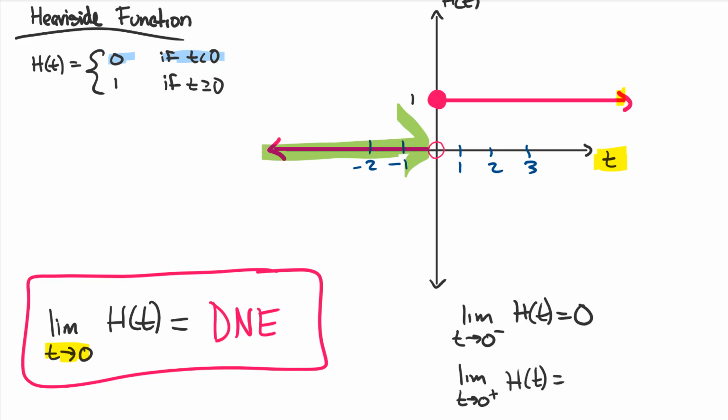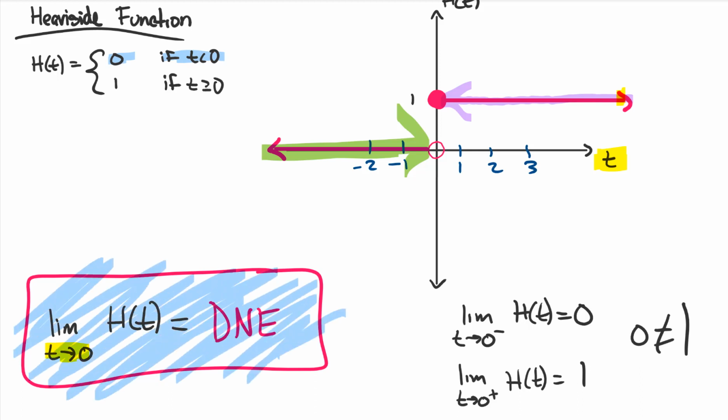From the right, we're coming in here, and we're pointing there. And they're not pointing to the same heights. They're pointing to two separate heights. 0 does not equal 1. Therefore, the limit as t tends towards 0 of h of t does not exist. This is what we wanted to get to. That's the point.